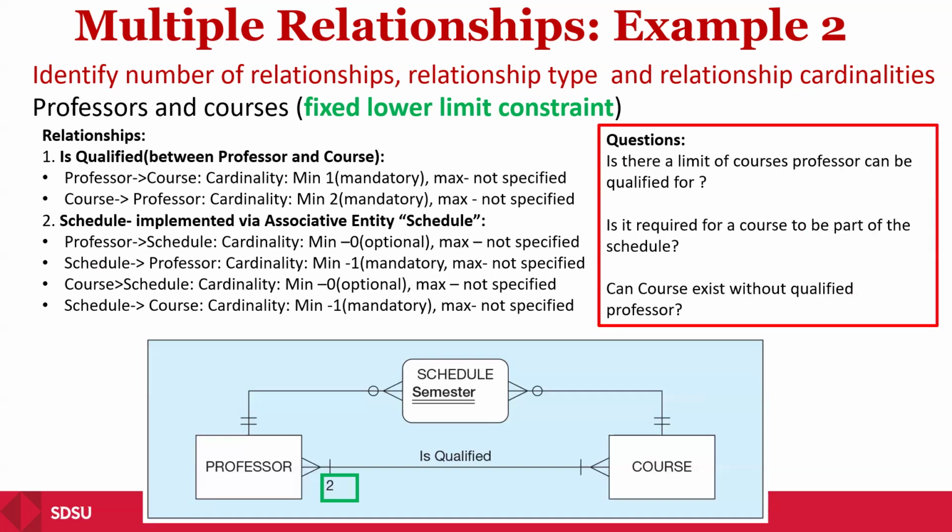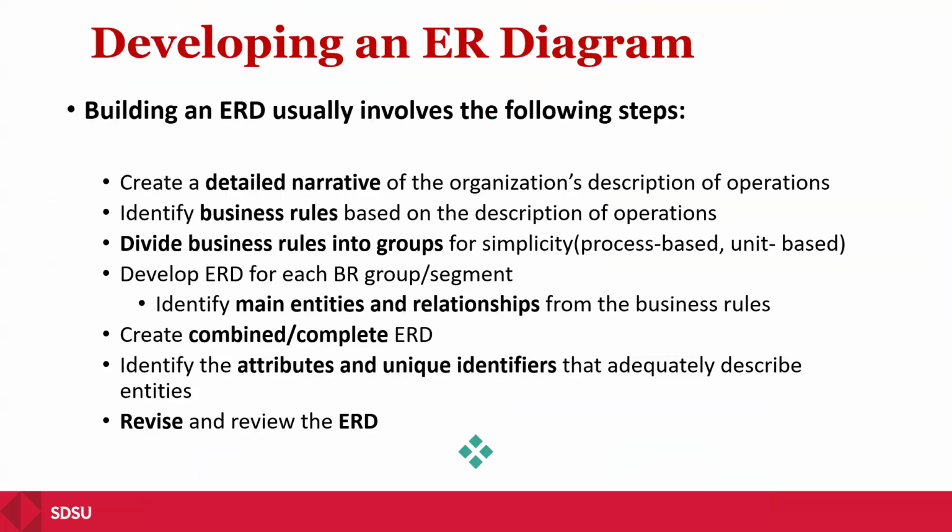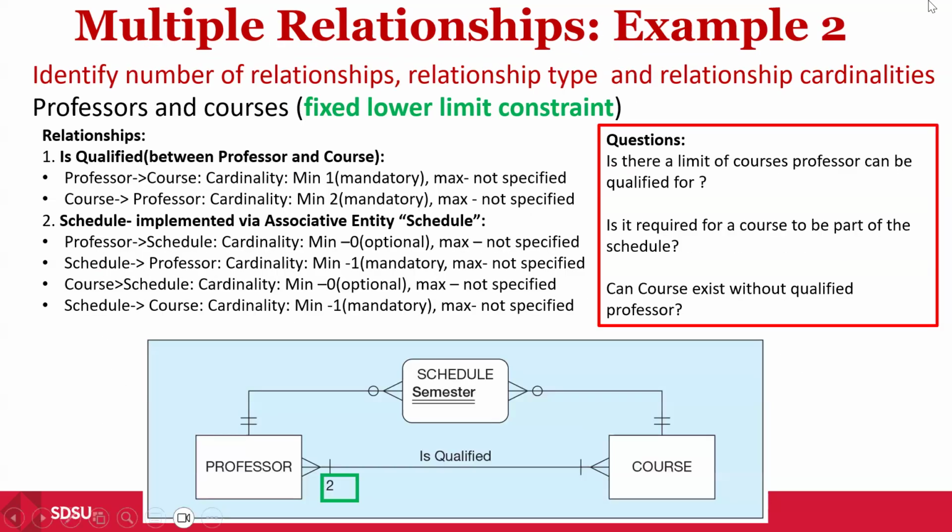All right. So question, is there a limit of courses that a professor can be qualified for? So let's look at the professor and a course. Another question, is it required for a course to be part of the schedule?